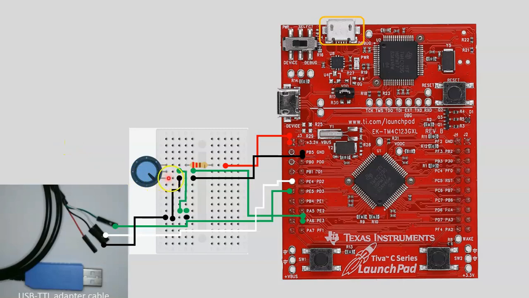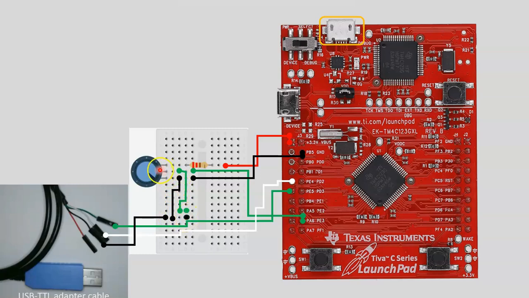So the ground pin of the potentiometer is connected to the ground pin of the TM4C series LaunchPad board, but I have also tied it to a header pin here.